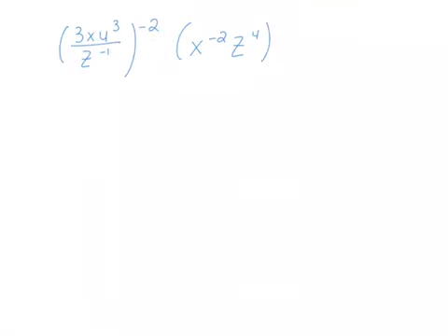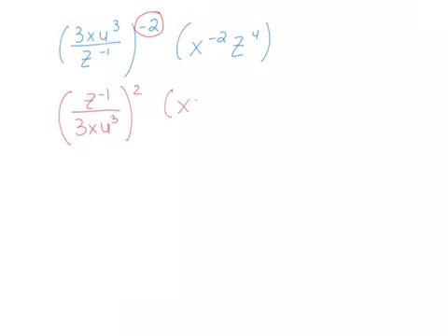Right, in this last example, we have many things going on here. We have power to a power, we have a quotient, we also have multiplication. So the first thing I'm going to do is take care of this on the outside. Remember, I can get rid of that negative by simply flipping the fraction. So nothing about the fraction changes, except I just switch the numerator and the denominator, allowing me to make this a 2 instead of a negative 2.